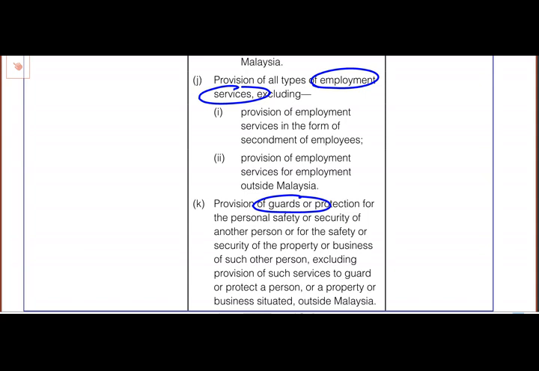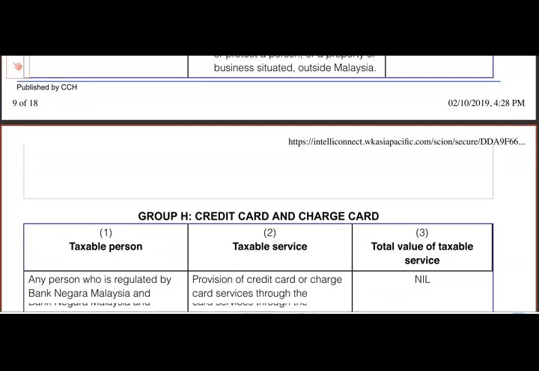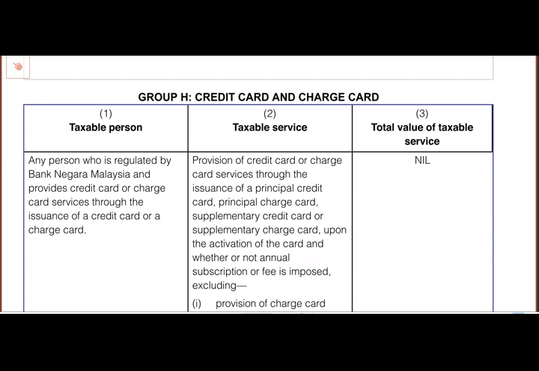Now, these are all the services that fall into this group. Okay, there's a long list. See, the problem with service tax is like that. You must know what's in the list. Of course. Okay?